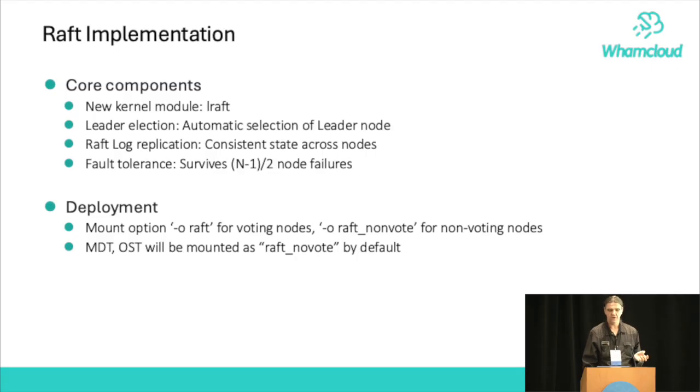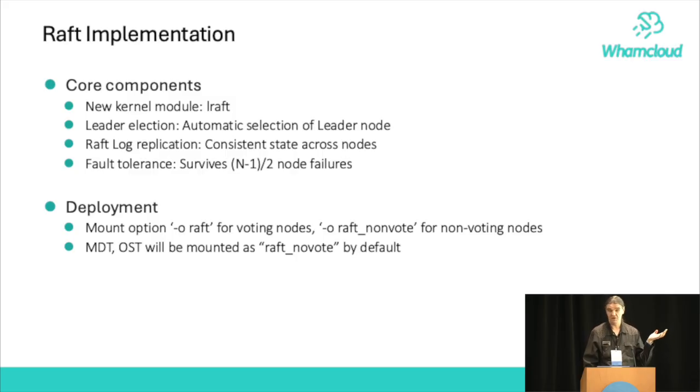So the new core component is going to be the LRAFT module with all the automatic leader election. This allows us to lose basically up to half of the nodes and Raft still remains in a functional state.